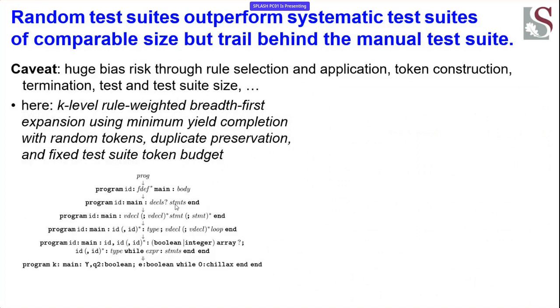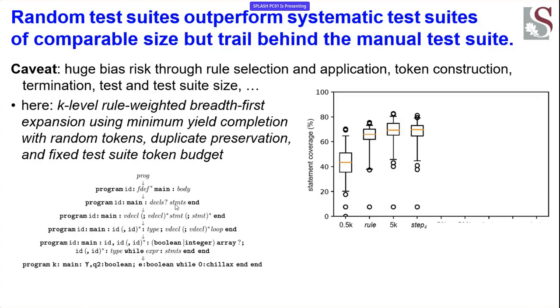So our results, strictly speaking, only hold for random construction using a K-level rule-weighted breadth-first expansion using minimum yield completion with random token duplicate preservation and a fixed test suite token budget. Those are 8 different dimensions, I think, that induce a risk. Read up in the paper what the alternatives are.